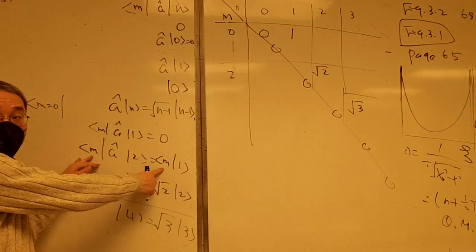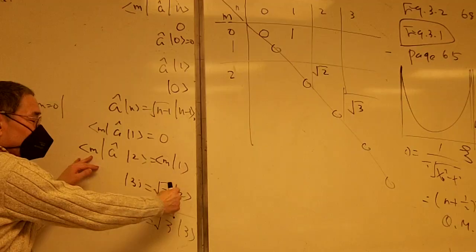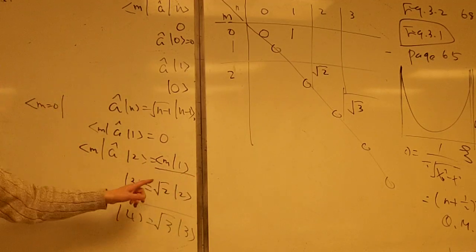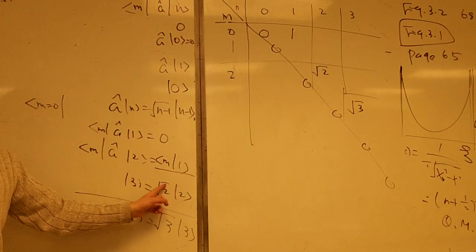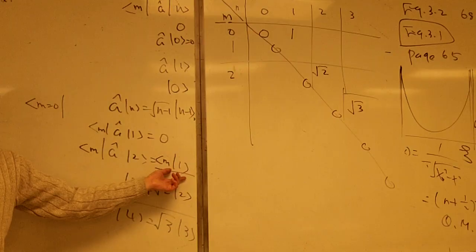Now, if I have a bra part comes out, it will be m vertical line 1. Now, this term will only be non-zero if m equals 1, because of orthogonality. So that's the key. I'm not sure whether the rest of the students got an understanding.